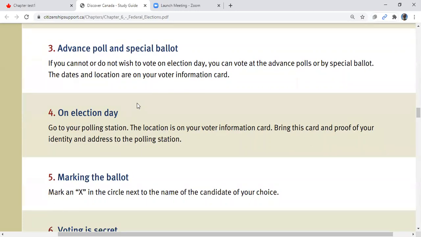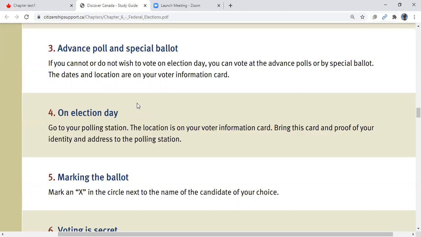Okay. On election day, go to your polling station. The address is on your voter information card. Bring this card and proof of your identity and address to the polling station. Good. So what would be a proof of your identity? Can you think of something that would prove your identity?